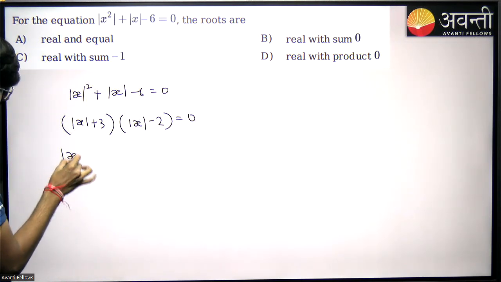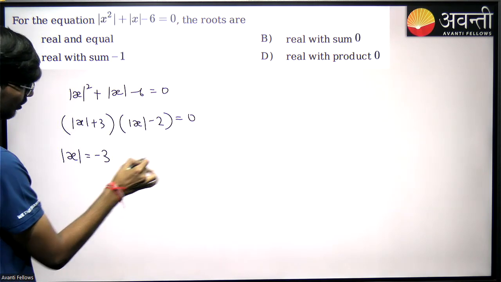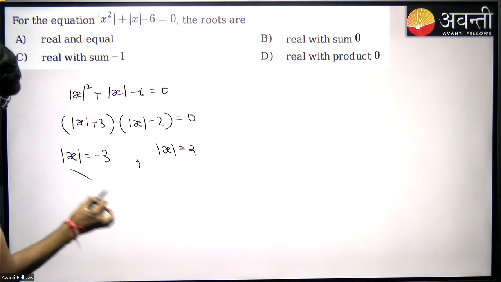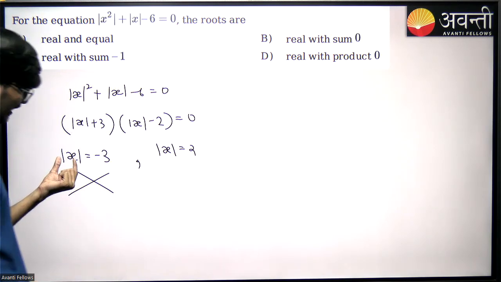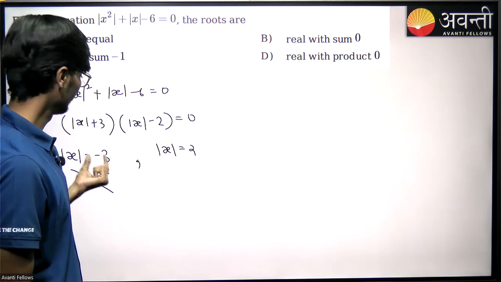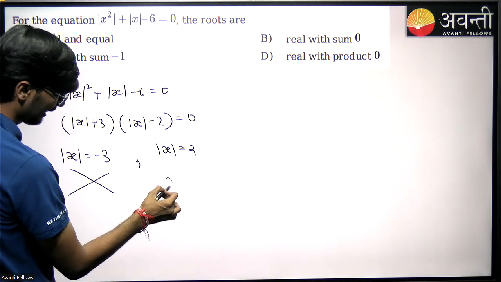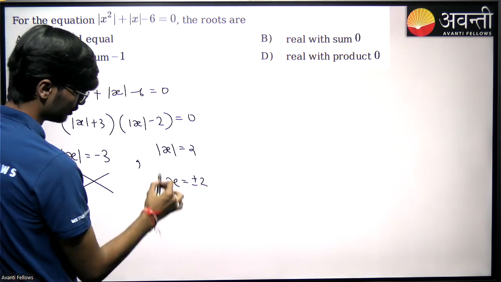This means mod x equals minus 3 or mod x equals 2. Now this is not possible. Why, guys? Because the value of modulus cannot be negative, as we all know that. So here we got x equals plus minus 2.